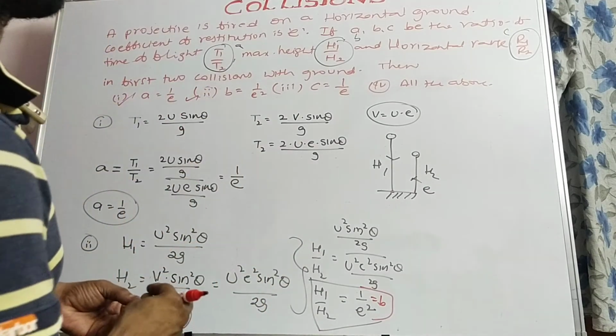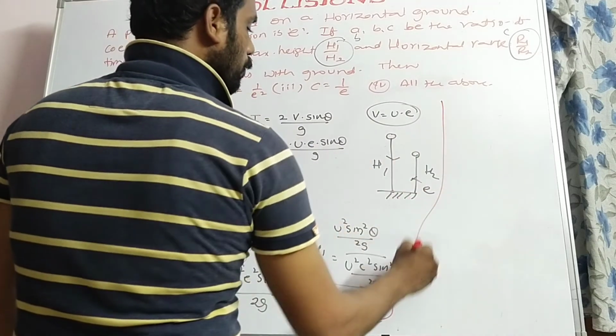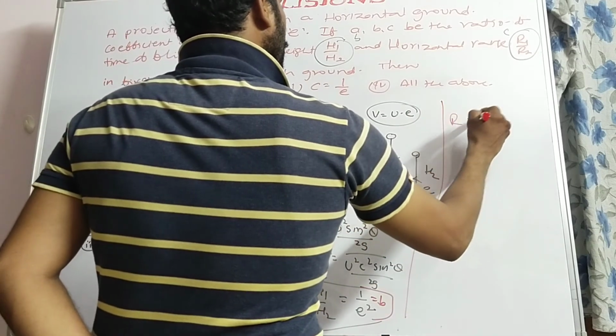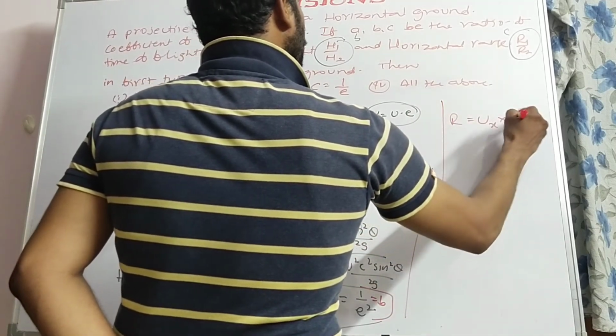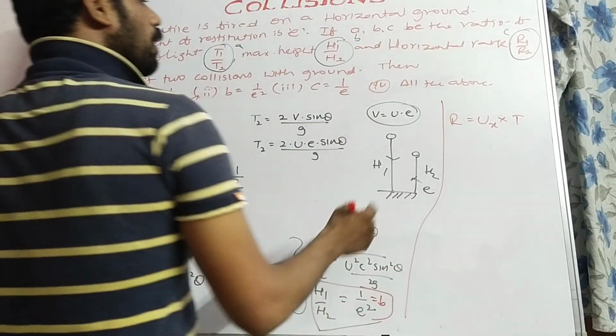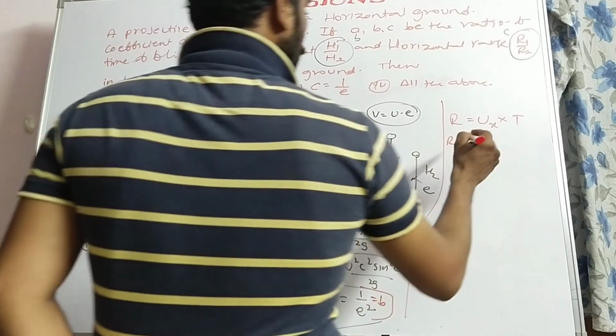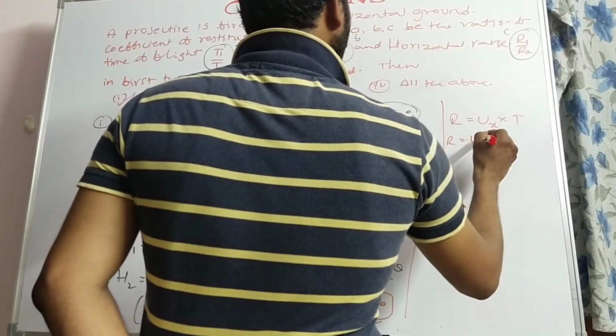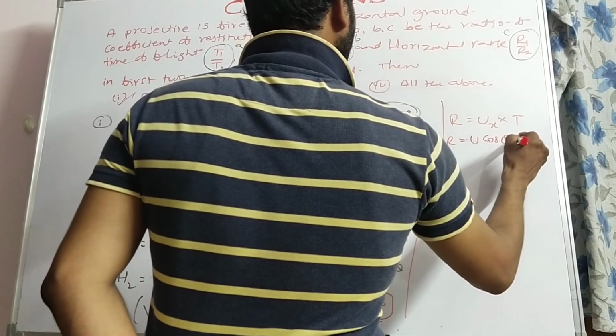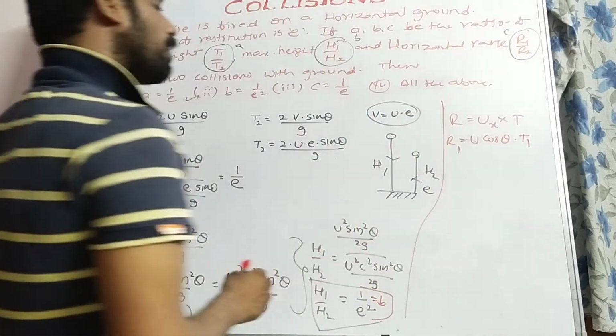Next, what about range? Range R is equal to ux into time of flight. What is ux? R equal to u cos theta into T1, that is range 1.